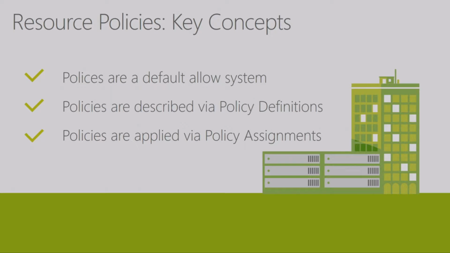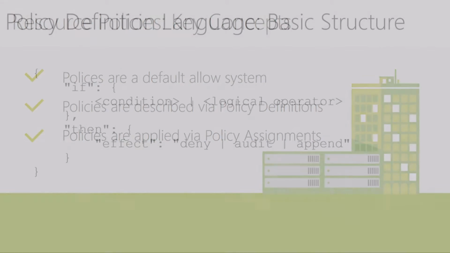These policies are described via a policy definition, and they are applied at differing scopes via policy assignments. So if you've worked with RBAC, or role-based access control, where you have role definitions as well as role assignments, many of the concepts will be very, very similar, with the exception that role-based access control is a default deny system, while policies are a default allow system.